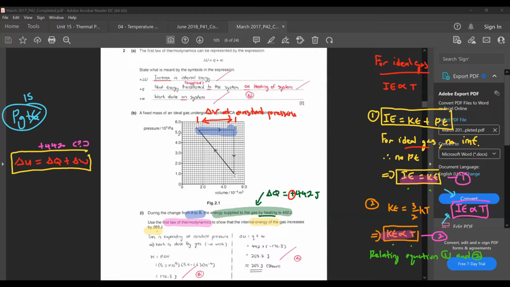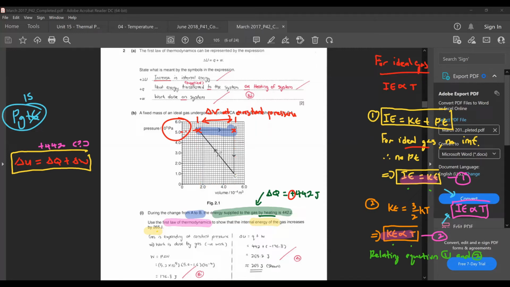This is a horizontal line. If it's a horizontal line, you see that the y-axis here right now is pressure. So it went from A to B along a horizontal line. The pressure actually never changed. But when you look at the x-axis, your volume actually did change from here all the way to here. So there's a change in volume at constant pressure.